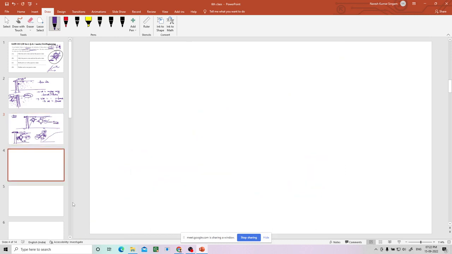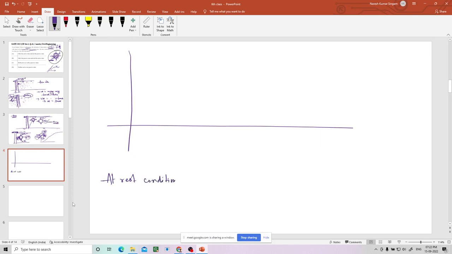Now going to the Mohr circle, okay, let us say at rest condition. See, this is sigma and this is tau. So we are going for the Mohr circle as well as the Mohr-Coulomb envelope.